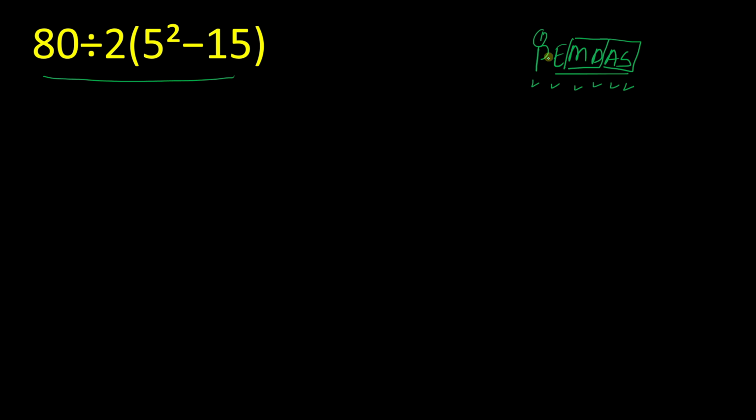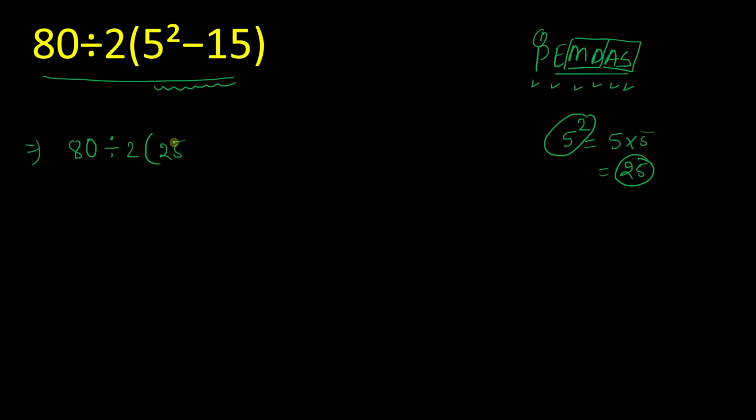So first we will solve the parentheses part, which is 5² − 15. We can write 5² as 5 times 5, which gives 25. So we can simply write 25 in place of 5². Now our expression will be 80 ÷ 2(25 − 15).